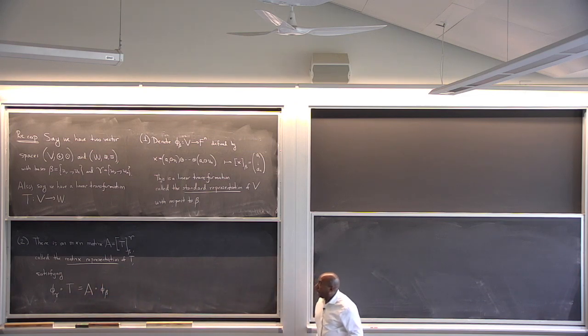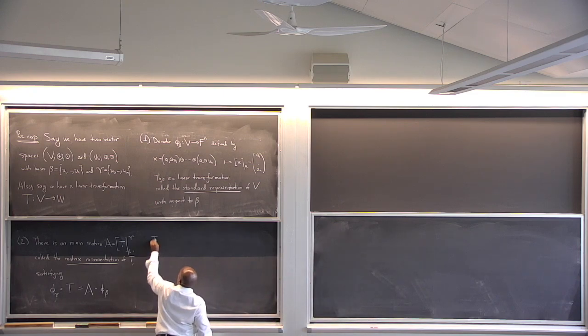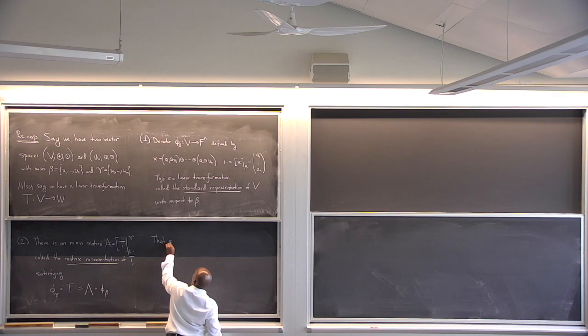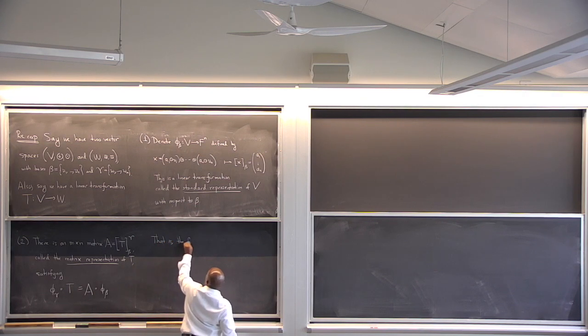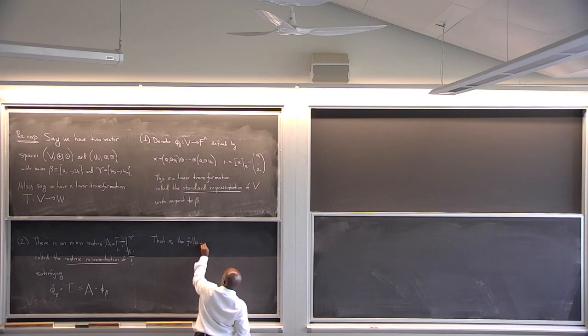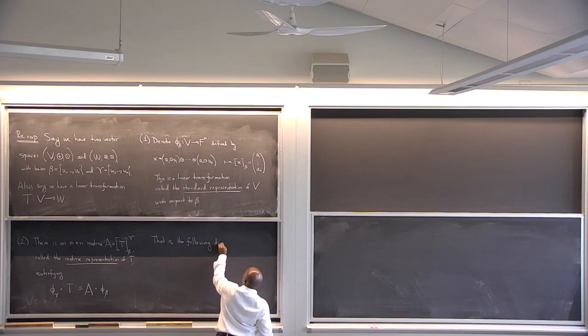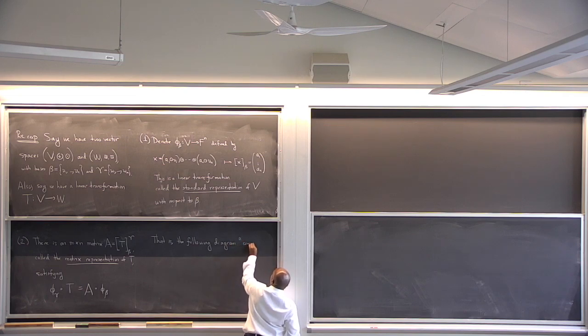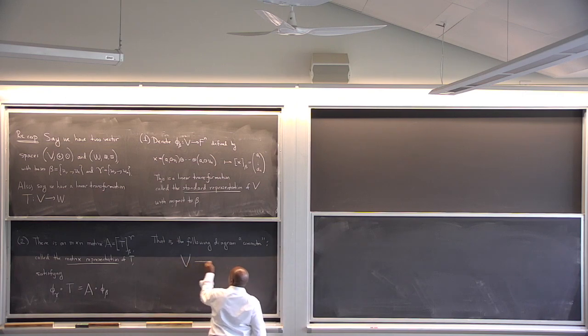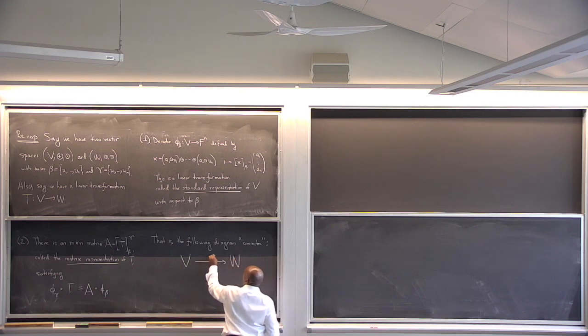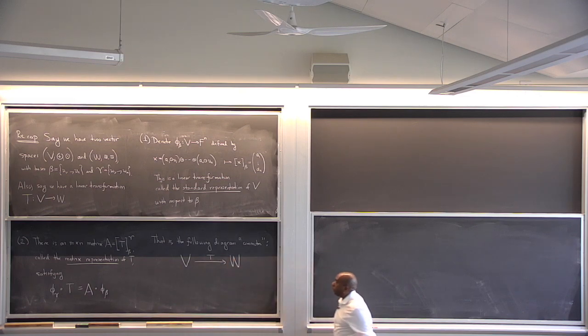Now, another way to write this is by using a so-called commutative diagram. So here at the top, we'll put in our vector spaces V and W, and we realize that we have a linear transformation that goes from one to the other.